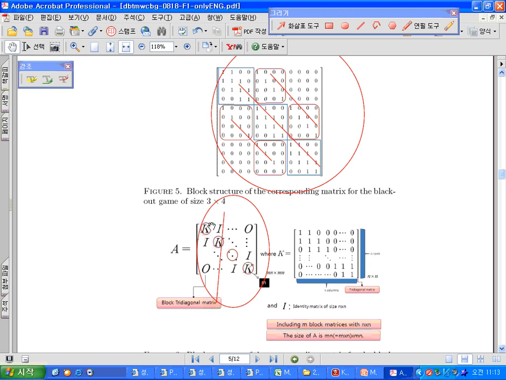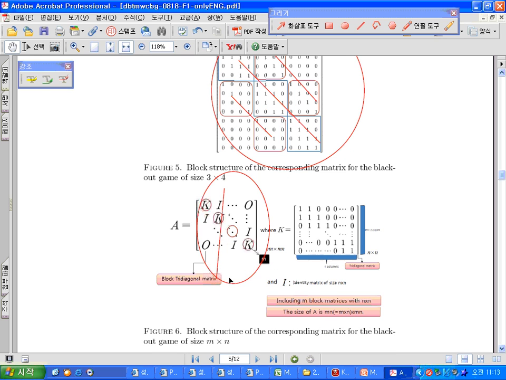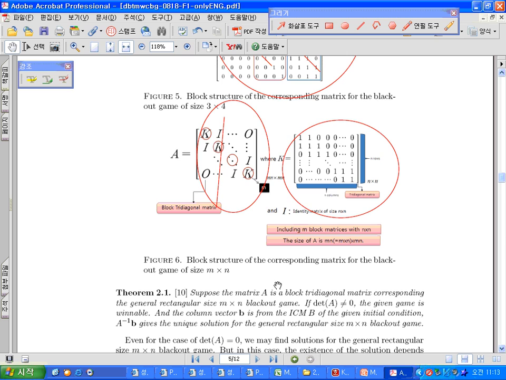Isn't it? These are block matrices, and these are the block identity matrices up and down here. So this is the formulation of the matrix A that we have found. Then K is the form of the submatrix K, and I is the identity matrix, as you know.